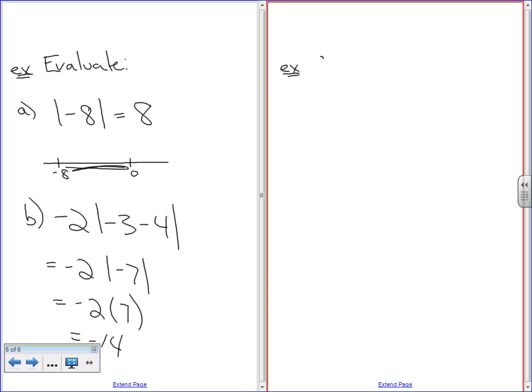Okay. So ultimately, we want to be able to solve absolute value equations and absolute value inequalities. So let's start by doing some easy ones that we can just do by inspection. And then I'm going to show you a process for solving the harder ones. So example. This question is saying the absolute value of x is equal to 5. What are the answers for x?